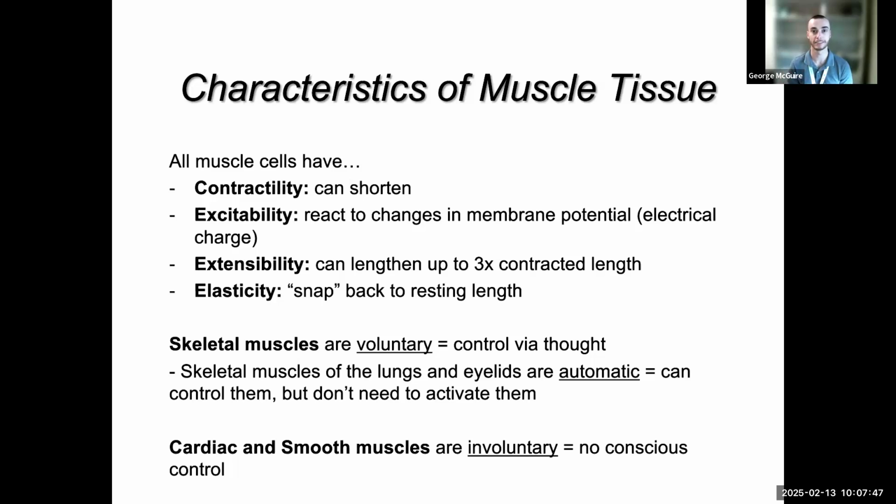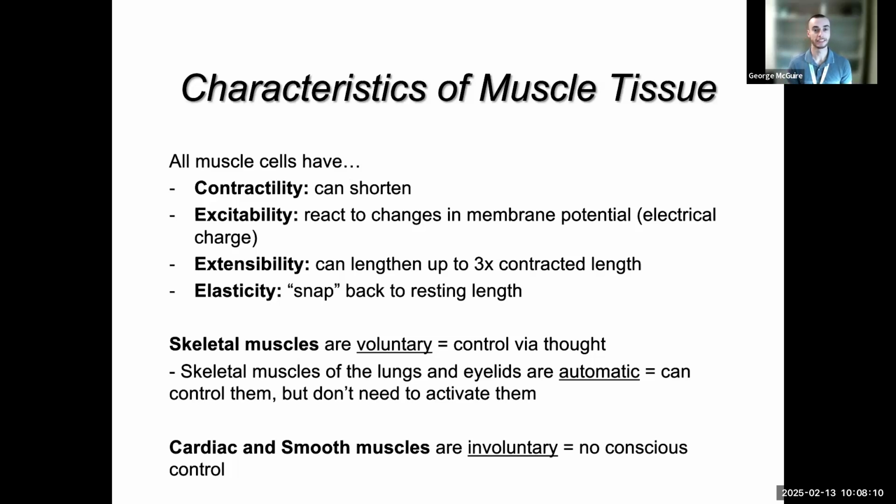And that resting length may differ depending on how you have trained that muscle, but it essentially sets the equilibrium, sets the homeostasis for where that muscle wants to be. And so even after lengthening it, it will snap back into that resting position. And so those 4 characteristics apply to all 3 muscle types.